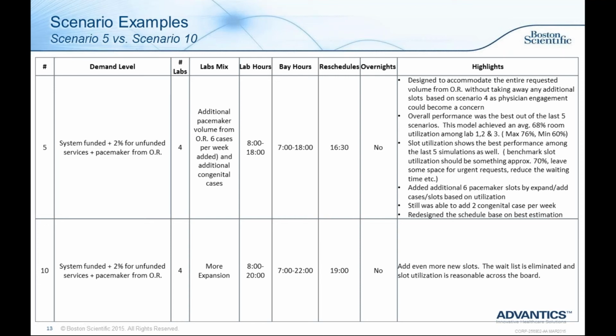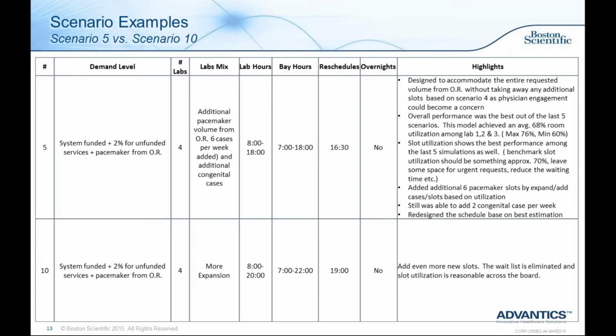So obviously it's one of their restrictions for this project. So you can see the result. You can probably guess the results were quite different. Scenario 10 would have generated even better results and eliminated the wait list.